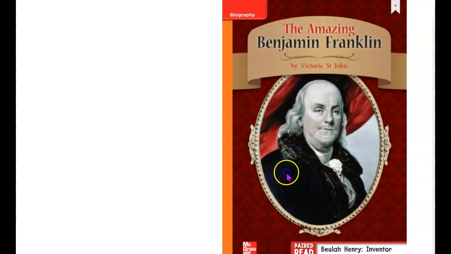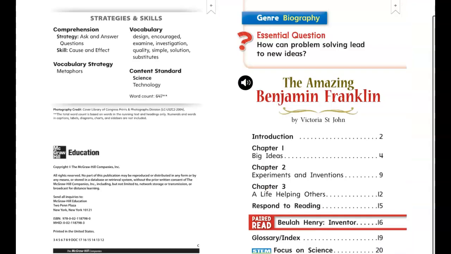So for instance, this story is written about Benjamin Franklin, but he did not write it. Victoria St. John wrote the story, biography. So follow along and read with me as I begin to read. You'll be reading pages 2 through 15 today.